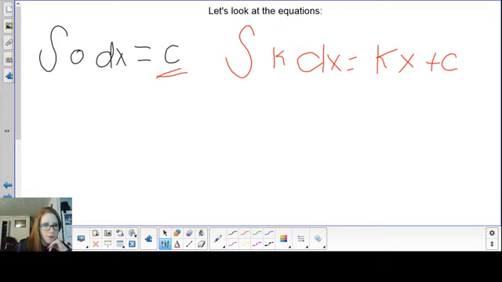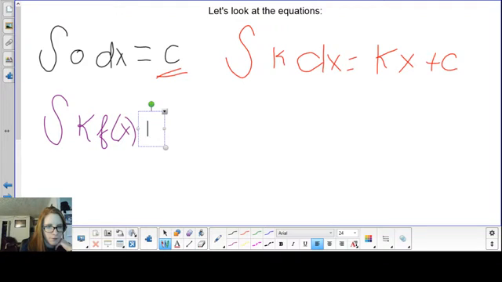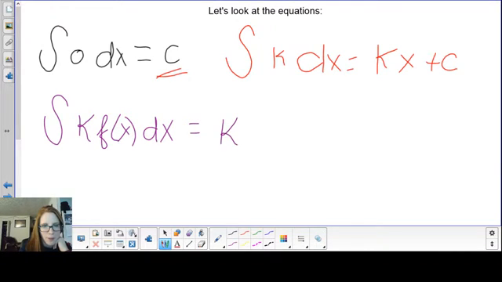If I were to take the integration of k times f of x dx, I know I can pull out my k, again, k being a constant, and take the integration of a function.